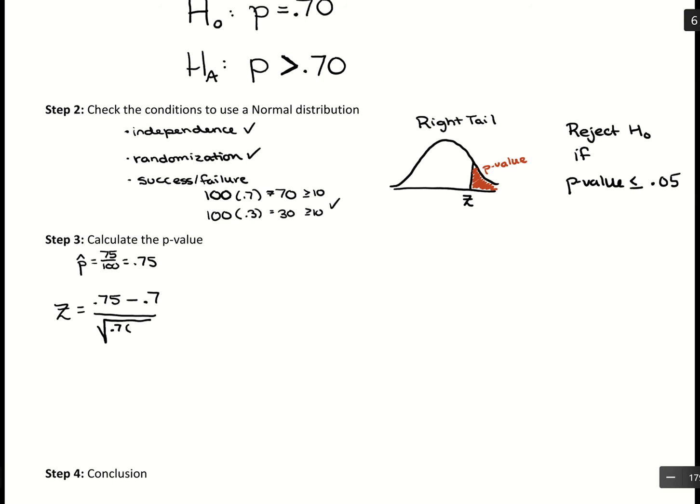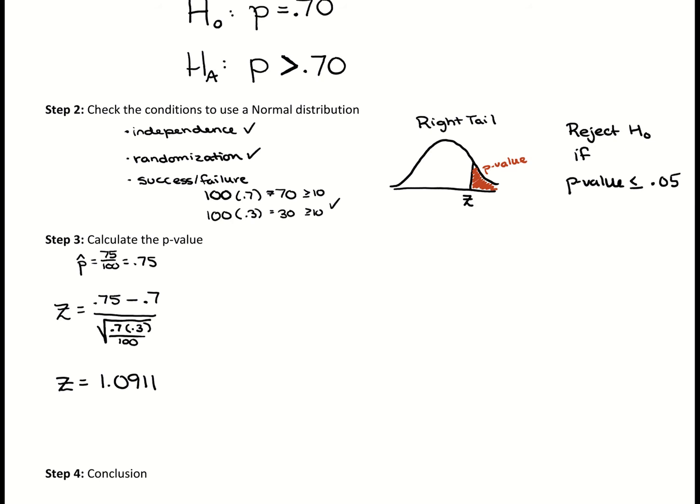Just remember to always use the proportion from the hypothesis there. Again, this 0.75 from our sample is just showing up in the numerator there, and that's the only spot. All right, if we plug that into a calculator, we should get out a 1.0911.